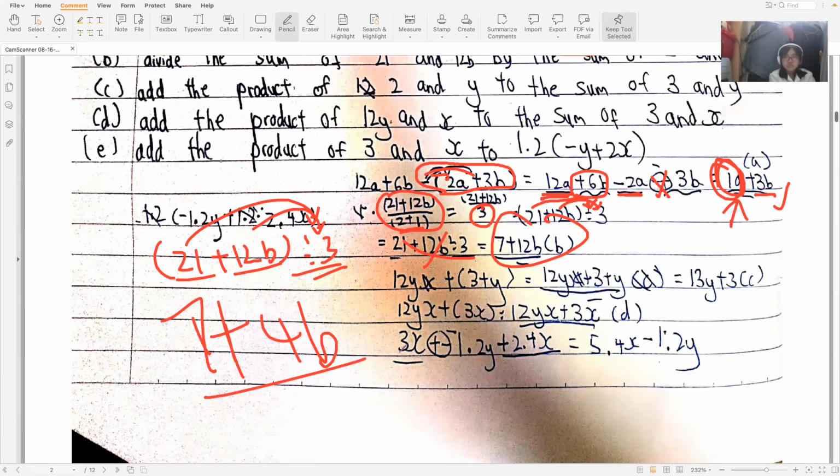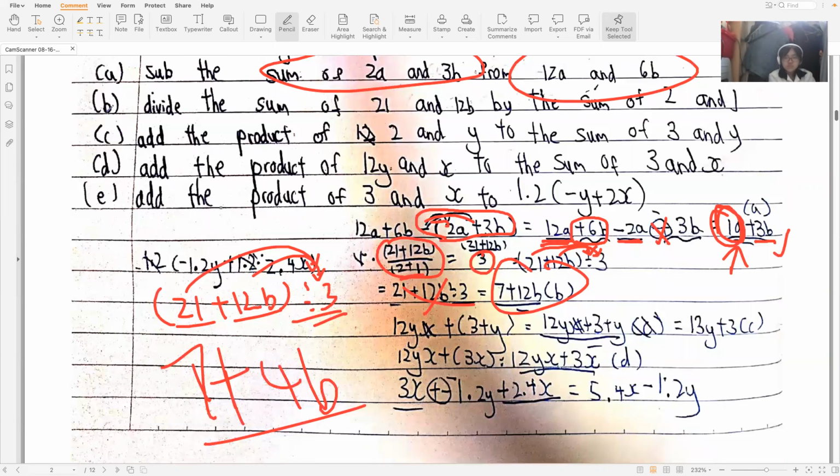You skip steps, that's why you get it wrong. This part, this one done. Add the product of 2 and so. Where is your this question? C. What? Where? I'm asking you where. I'm so confused. Where the 13y plus 3, that one? This is 2 or 12?